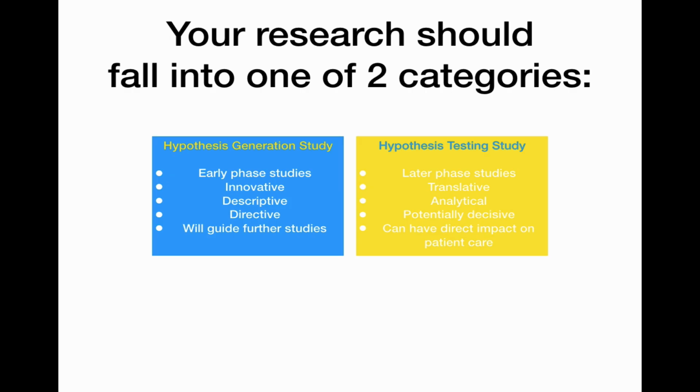They can be potentially decisive for clinical research and have a direct impact on patient care. We certainly need both types of research. In general, for both types of studies, you should write a study plan in advance.